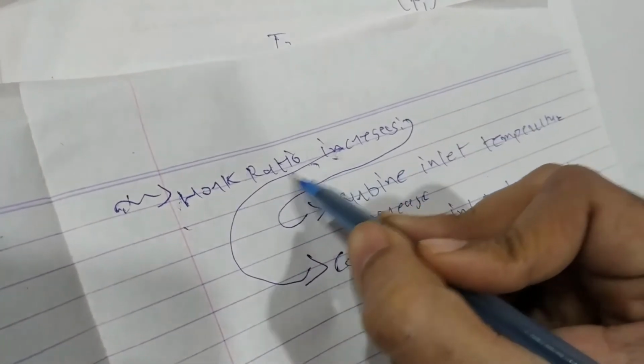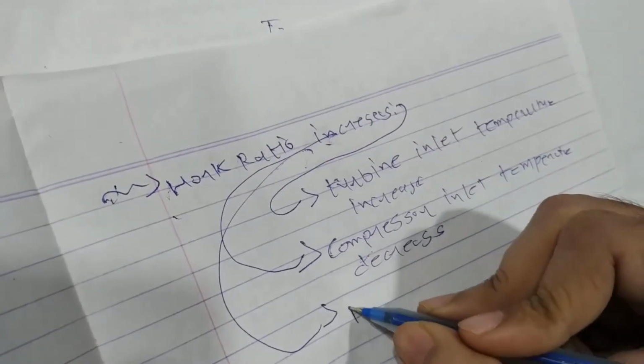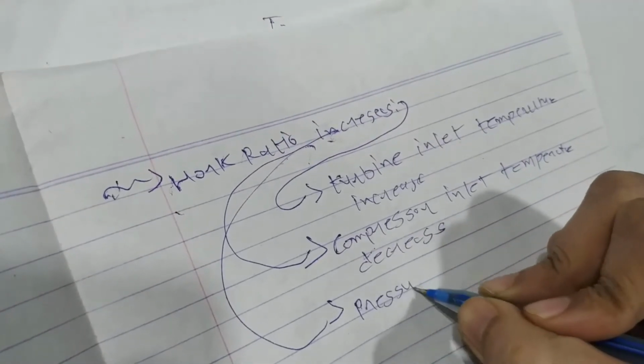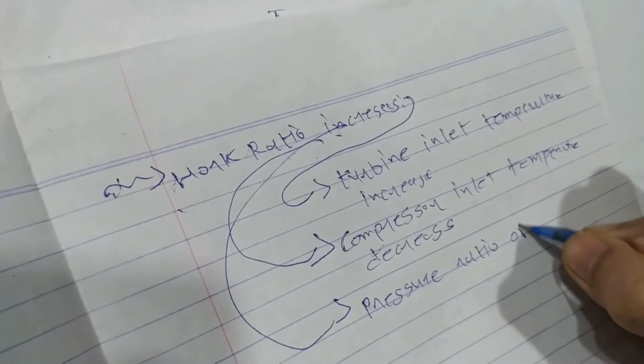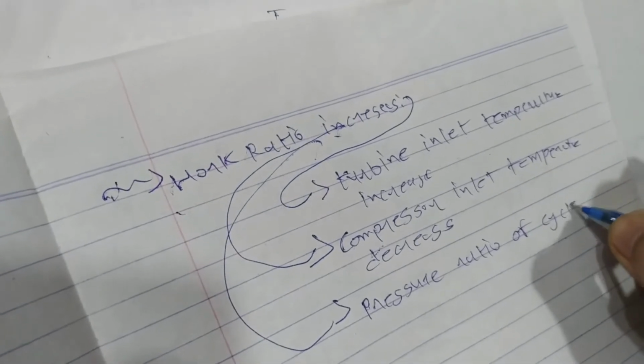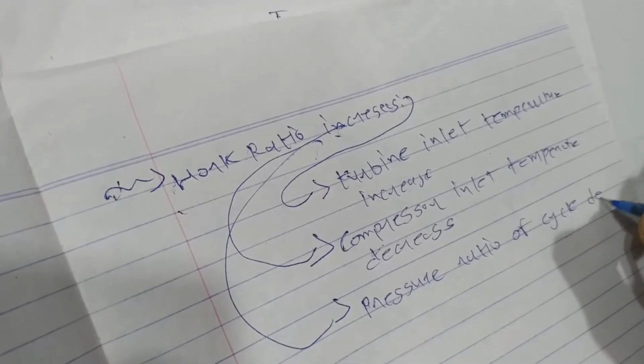Work ratio increases when pressure ratio of cycle decreases.